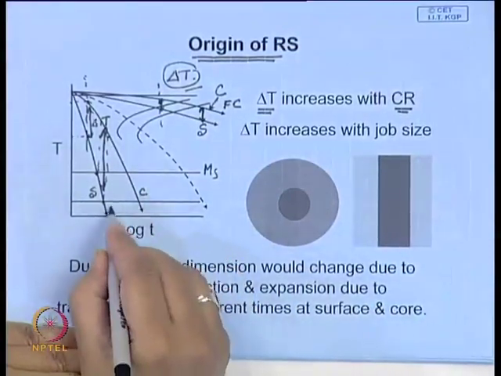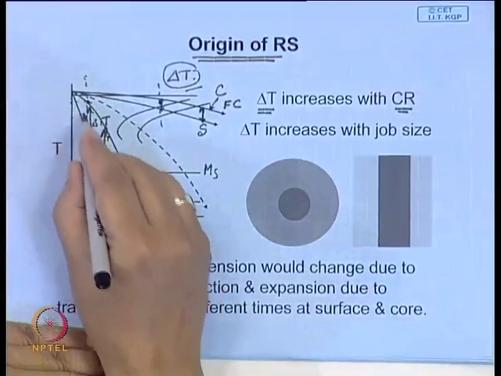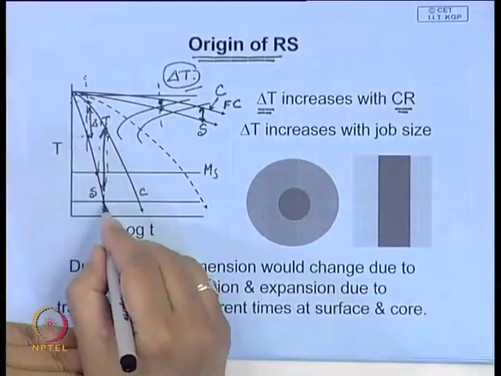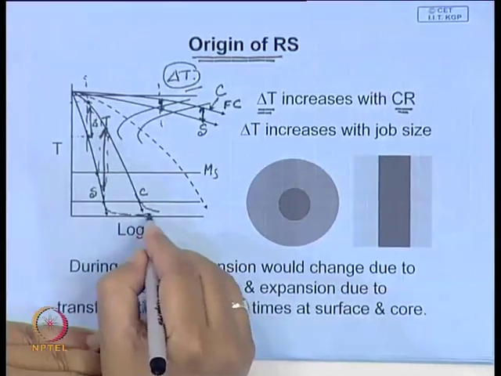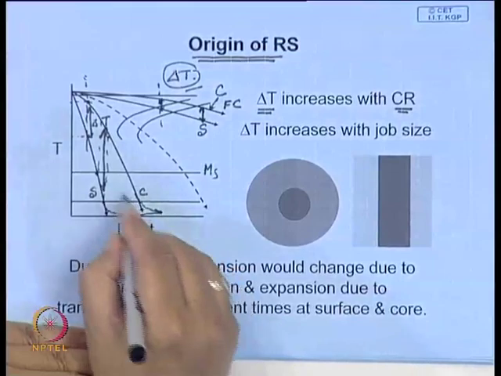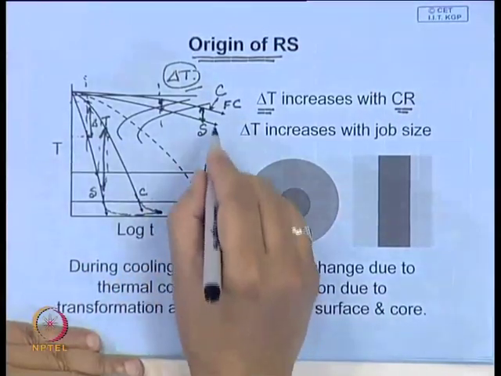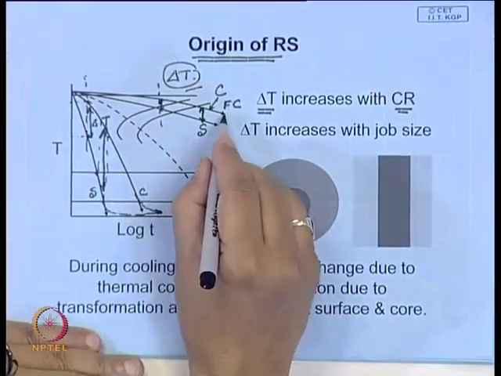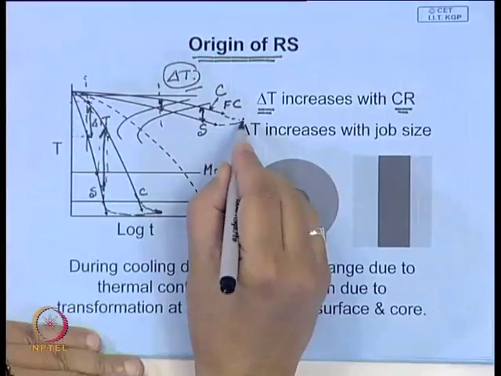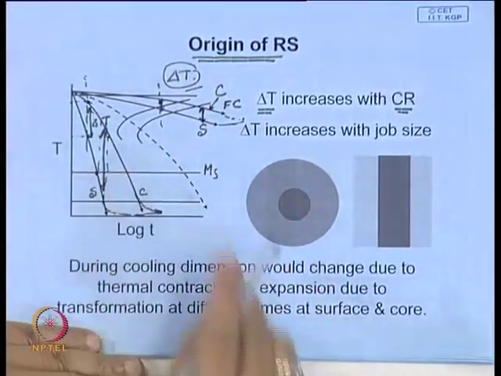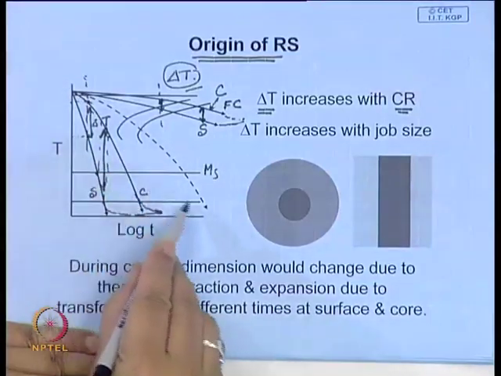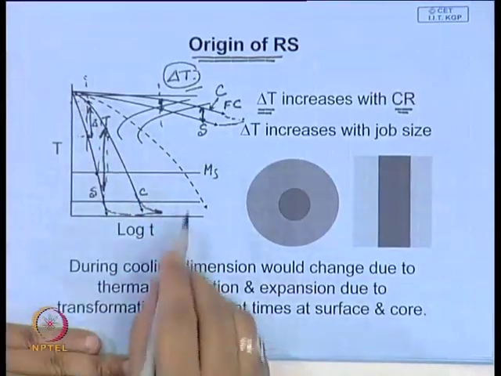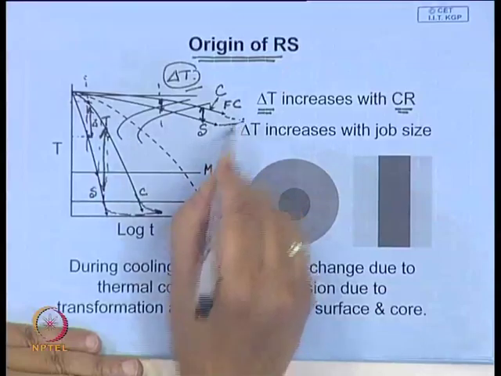In fact, towards the end this curve, which is a constant cooling rate part, will also follow this kind of a plot when the temperature comes down. Towards this end the plot actually should come down and go like this, so again the temperature difference decreases. This will be true in all these cases.